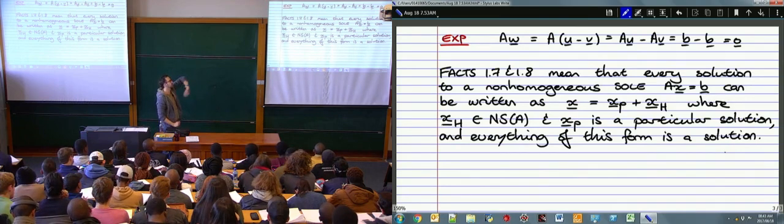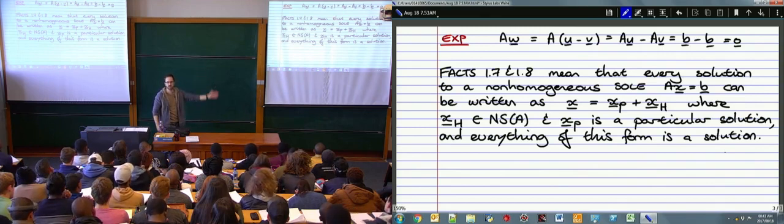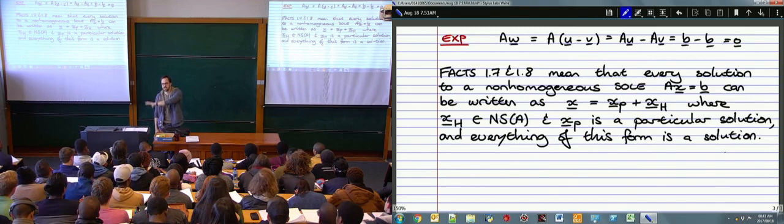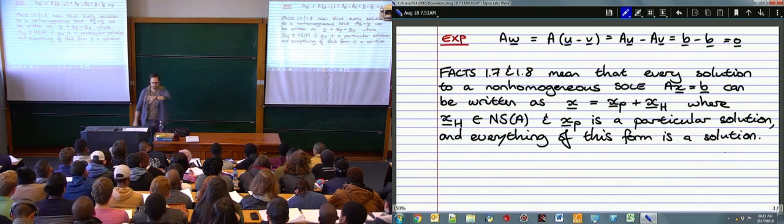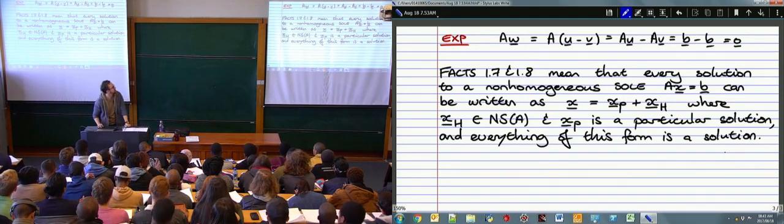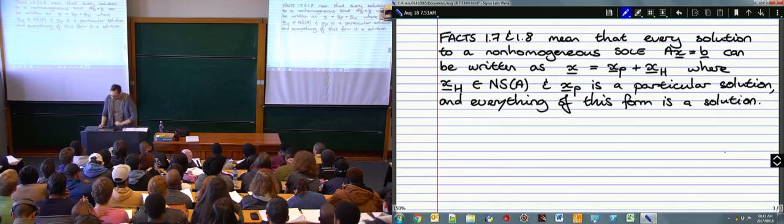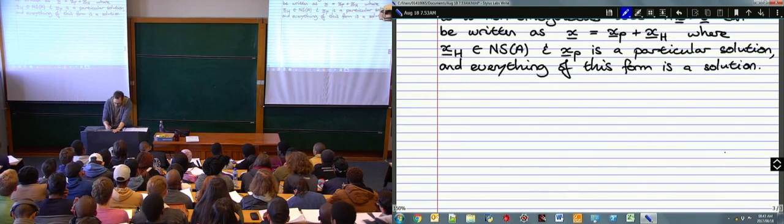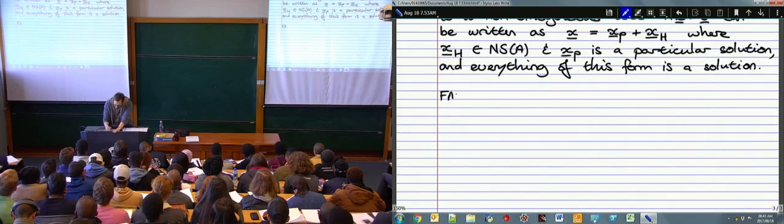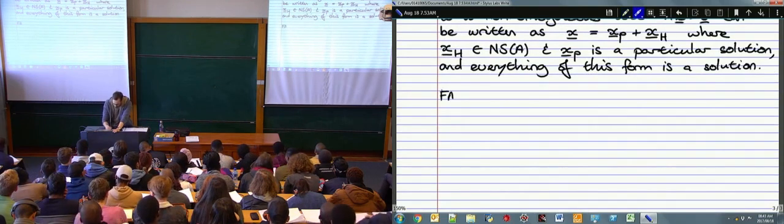So everything we have learned now about systems of linear algebraic equations is going to have an analog when we get to linear differential equations. So this is not completely disconnected from what we're going to see. All right, we've had a lot of questions, and now we have to rush through this last little fact. Sorry.